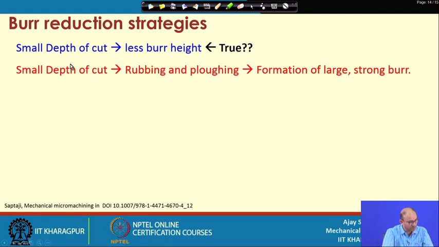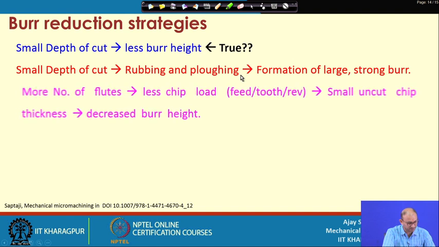If the depth of cut is so small that the cutting edge radius becomes larger, you end up with rubbing and plowing, and then you get large and strong burrs. That is not advisable. So going with a small depth of cut to get less burr height will not be true in all cases; it depends on the material properties.